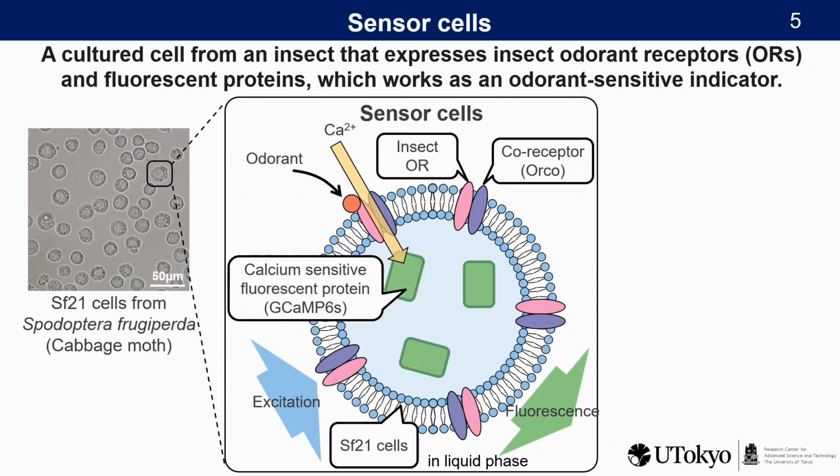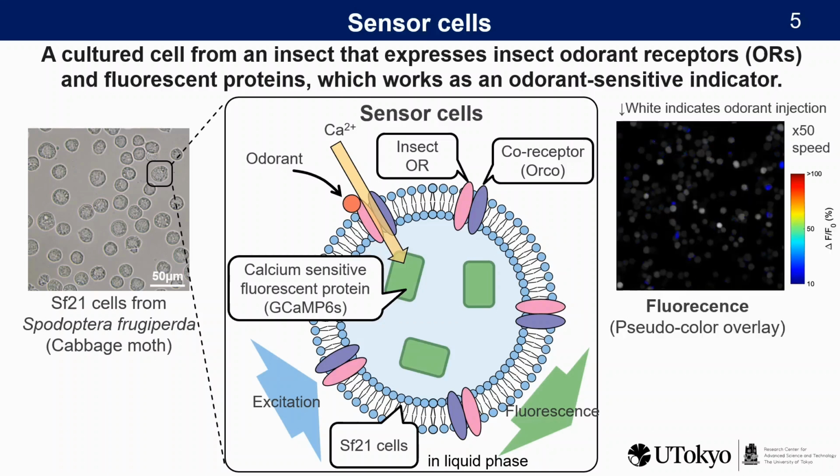So when an odorant binds to the receptor, the ion channel opens and cation influx, including calcium ions, happens. The calcium ion binds to the fluorescent protein. Finally, the fluorescent intensity change happens.